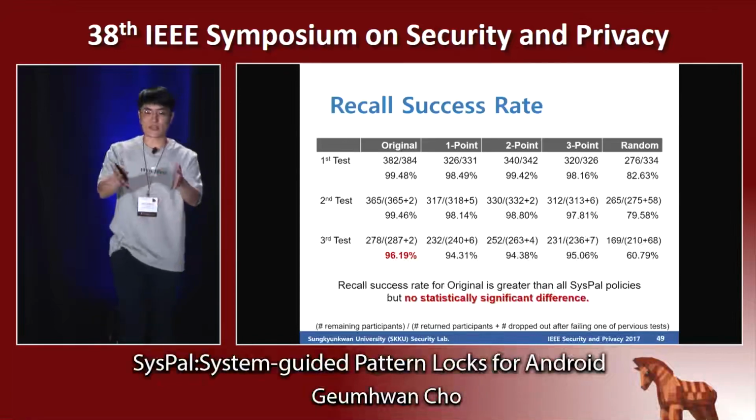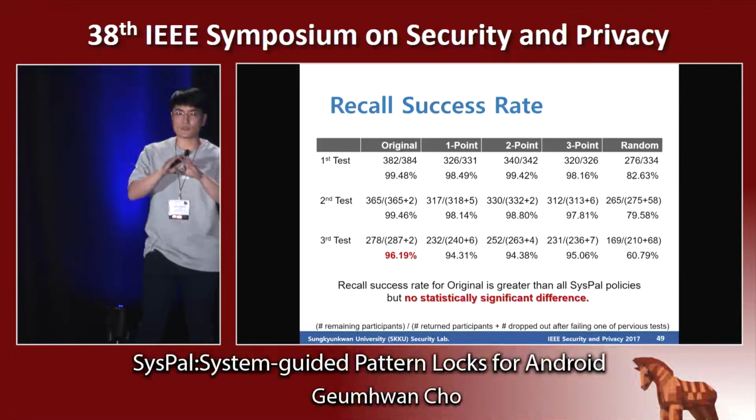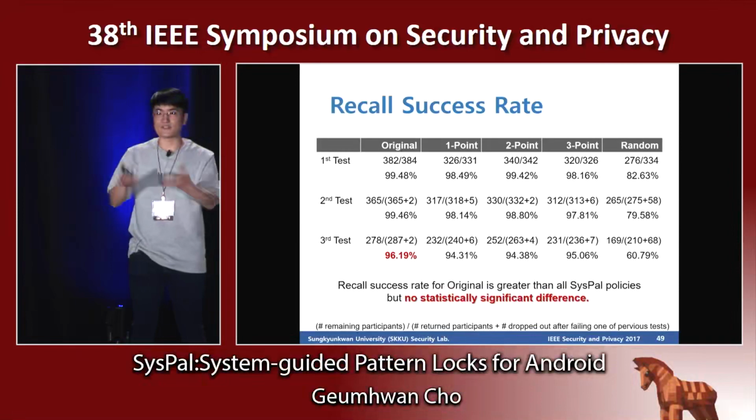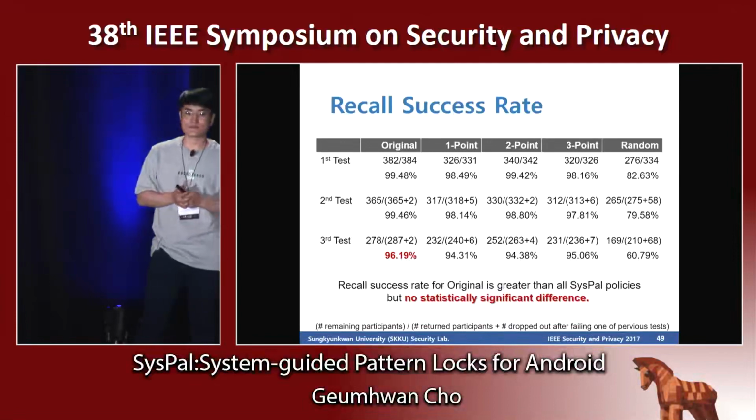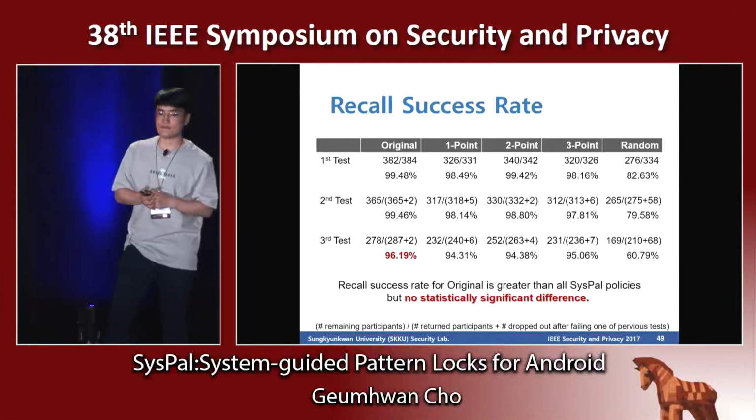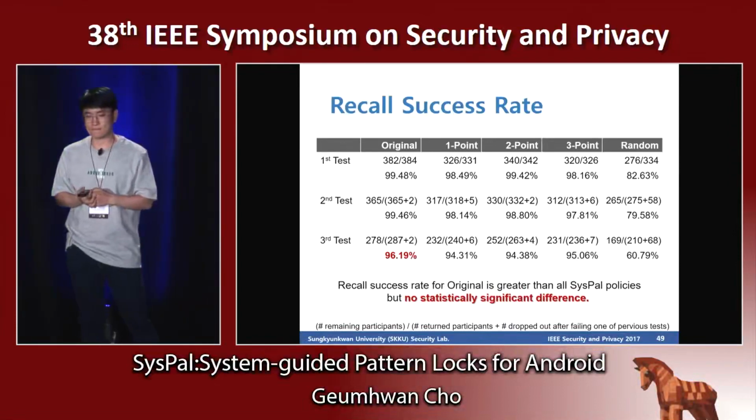Yeah, this table is without the not returned participants. Okay, thanks. This is a very good suggestion, so maybe we need to consider the correlation value. Okay, thank you. Thanks.